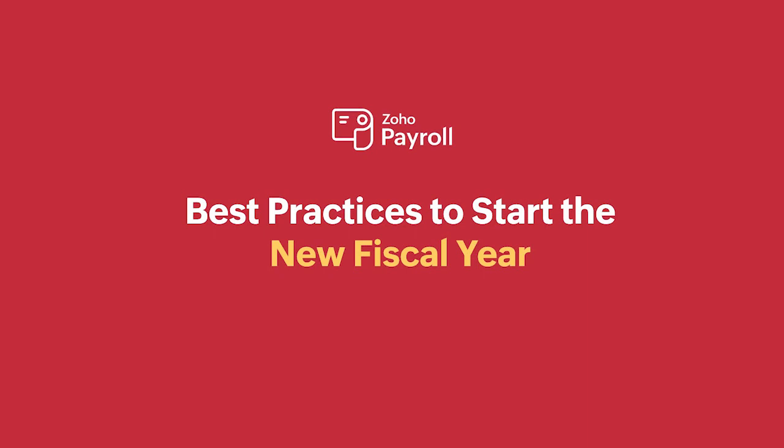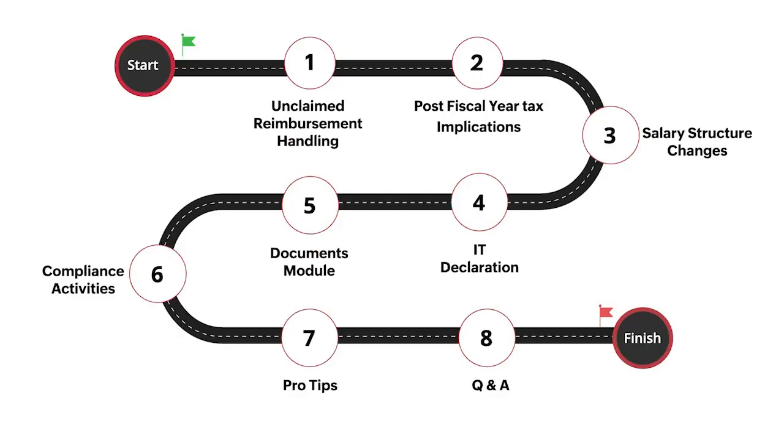Let's just quickly go over today's agenda. We will start with unclaimed reimbursement handling from the previous fiscal year, then move on to some of the post-fiscal year tax implications based on some scenarios. Later on, we will talk about some of the best practices that you can follow while performing salary structure changes, and then move on to IT declaration.